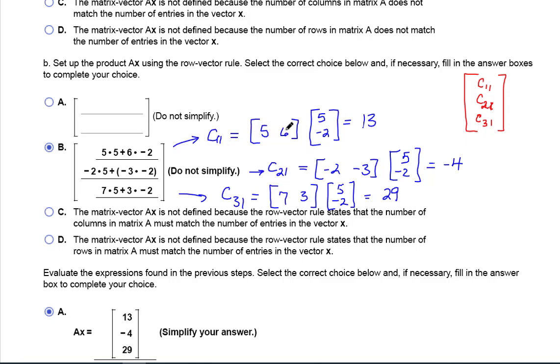C11, first row, first column. C21, second row, first column. So minus 2 times 5 is a minus 10 plus 6, and I get a minus 4. C31, third row, first column, to get 29.